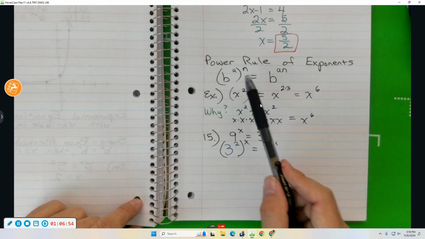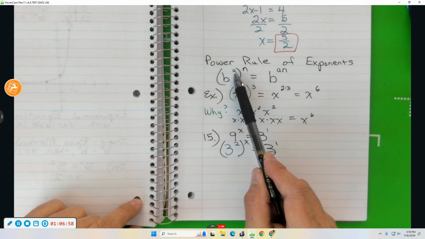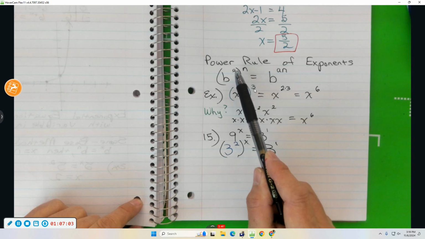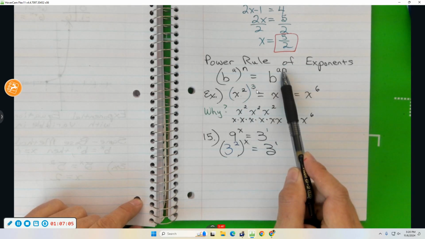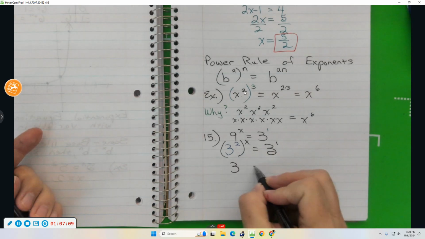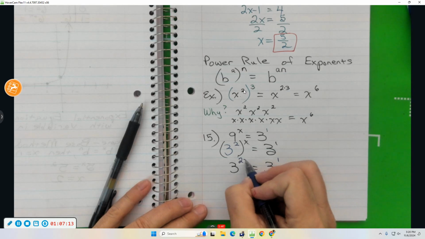Not add it, multiply. When you have a power raised to a power, you multiply the inner power by the outer power. A times n gives you an. 2 times x has given us a power of 2x.